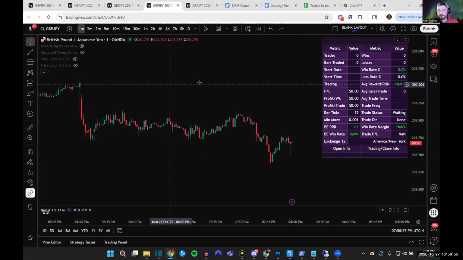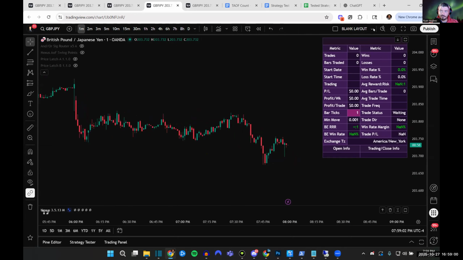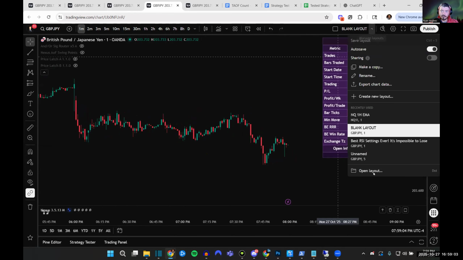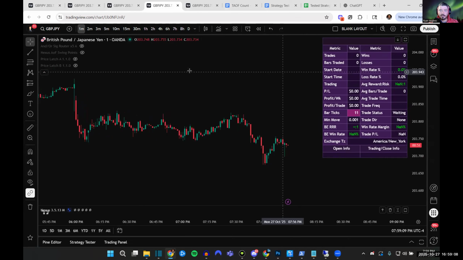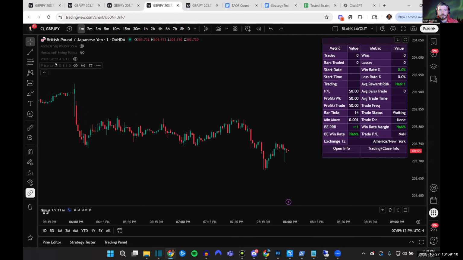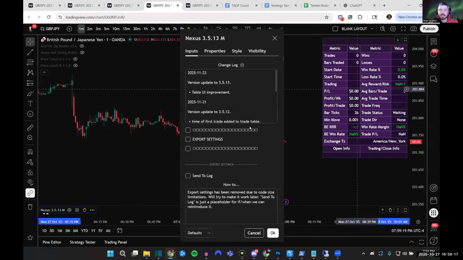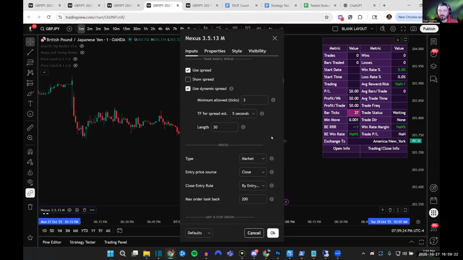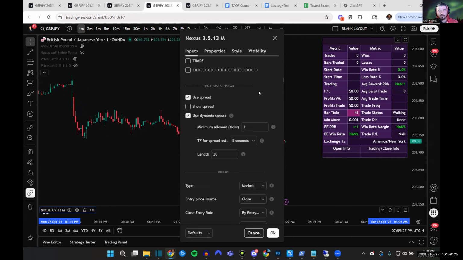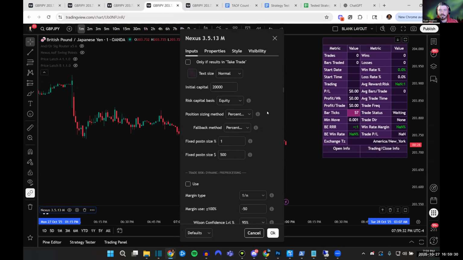Okay, so I have a blank layout here, and this is where I start all my strategies from. I have it saved as a template up here. I can go to open my layouts, go to blank layout, click on it, and it pops up with just a bare bones setup. It has the most up to date Nexus. That Nexus has some settings that are important if you're going to get accurate results from it, like making sure use spreads is checked, and a few odds and ends.